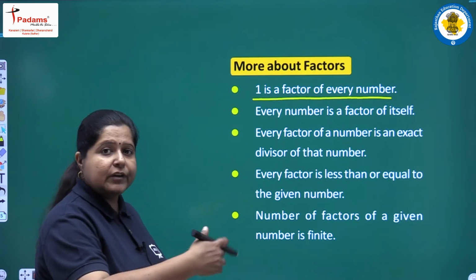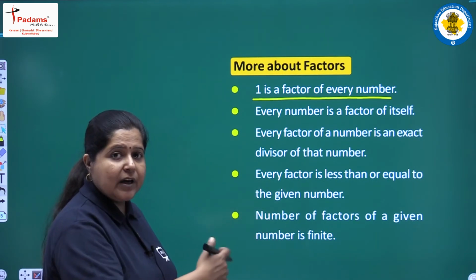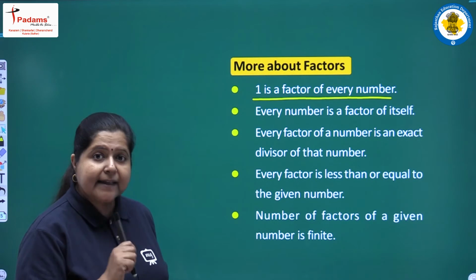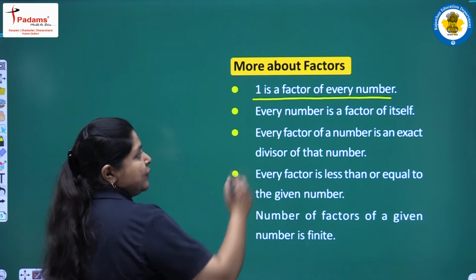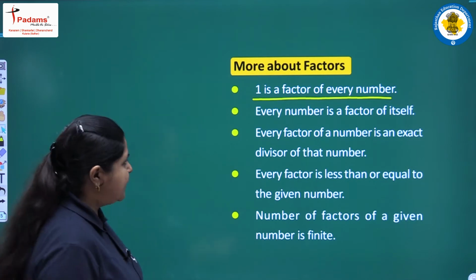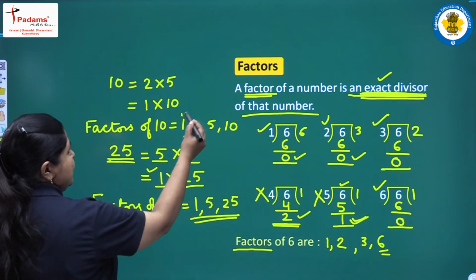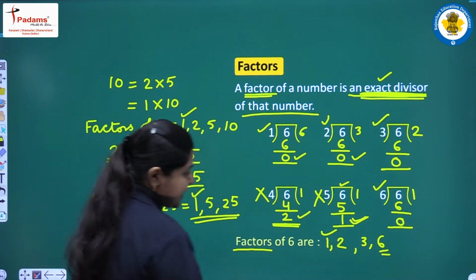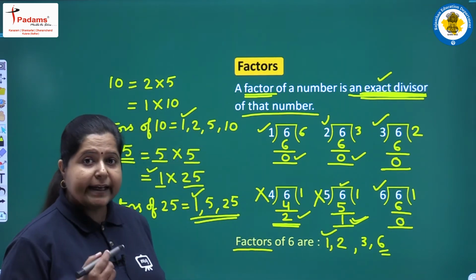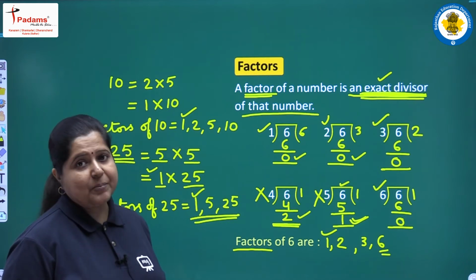So we were able to divide the sweets, the toffees among our friends, taking up one single toffee at one time. So 1 is a factor of every number. You can see it here. 1 is a factor of 10 also, 1 is a factor of 25 also, and 1 is a factor of 6 also, and similarly it is a factor of every number.